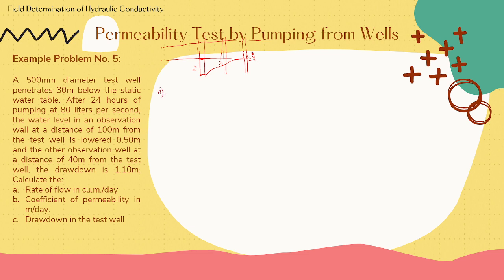But first, we are asked to find the rate of flow in cubic meters per day. So we will simply convert 80 liters per second to cubic meters per day.